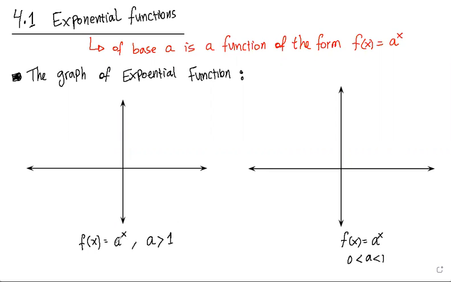So if a is greater than 1, the graph is going to be something like this. Here is a, here is 1, like this. Okay, this is f of x. This point is 1. But if a is between 0 and 1, the graph will be reflected around the y-axis. So the graph will be something like this.